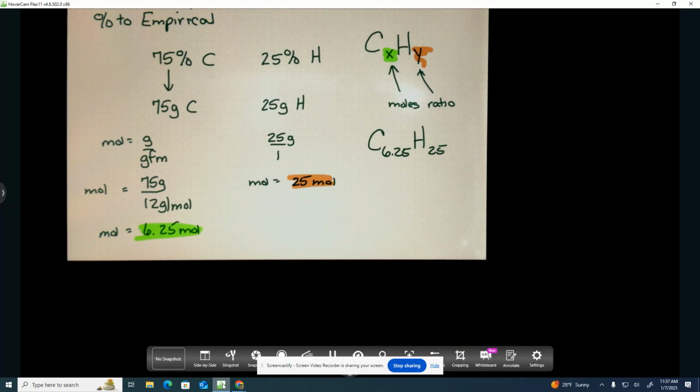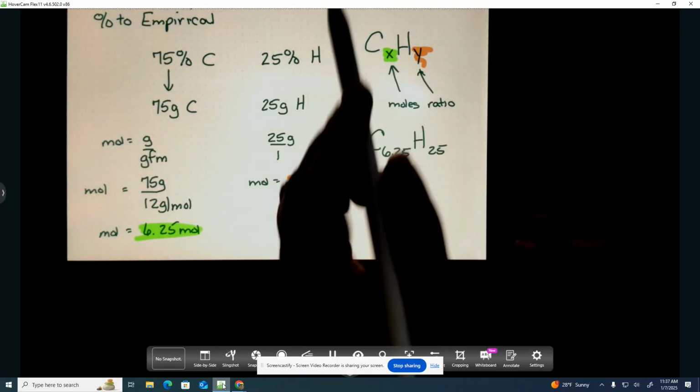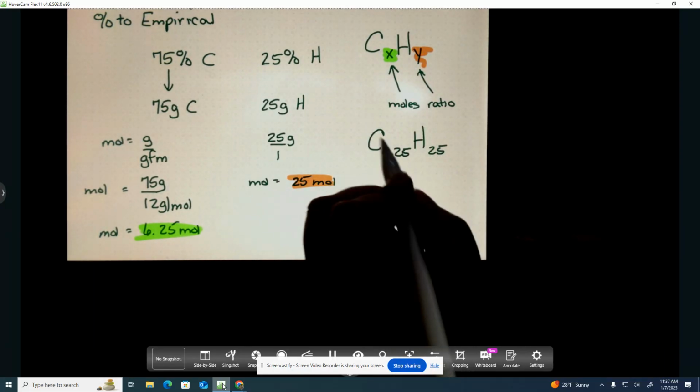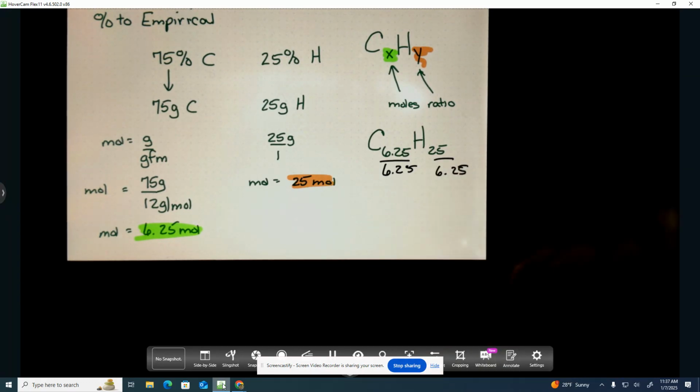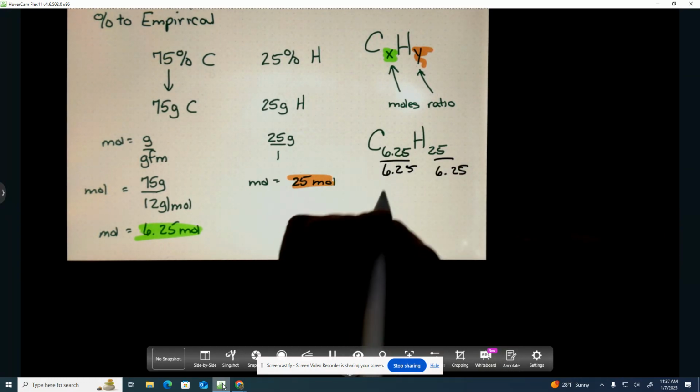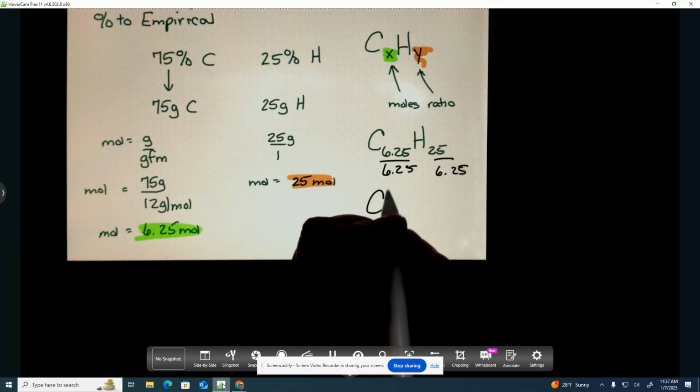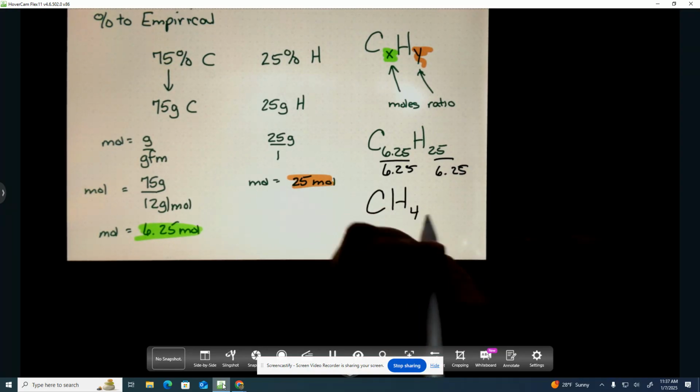So the last thing we're going to do is take whatever the lowest number is here and divide both of them by that number. 6.25 divided by 6.25 is 1. 25 divided by 6.25 is 4. Now I have a 1 to 4 ratio, which is the empirical formula. Does it always become a whole number like that? Not always. But for the ones I'm going to give you right now, it will.